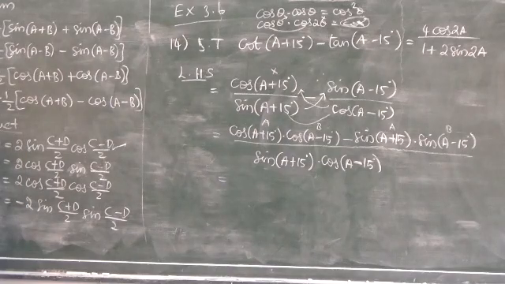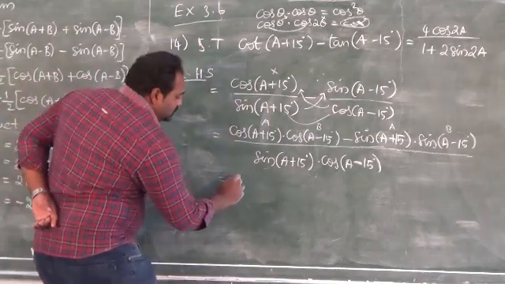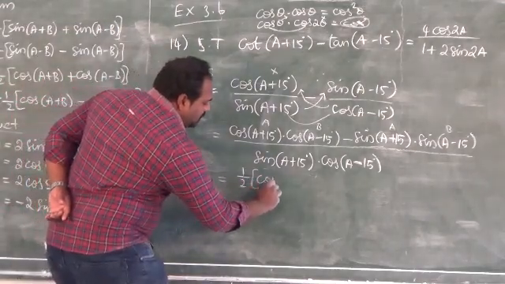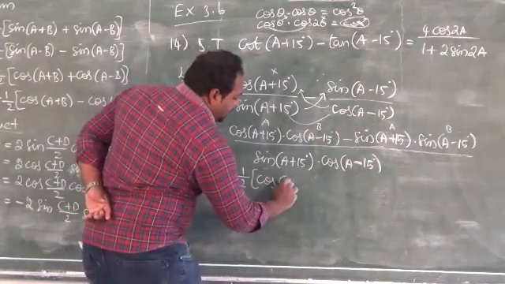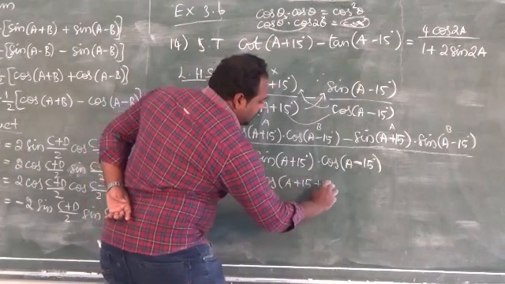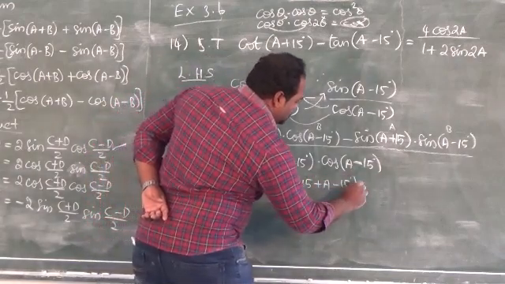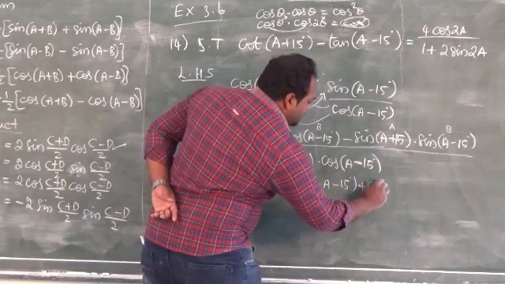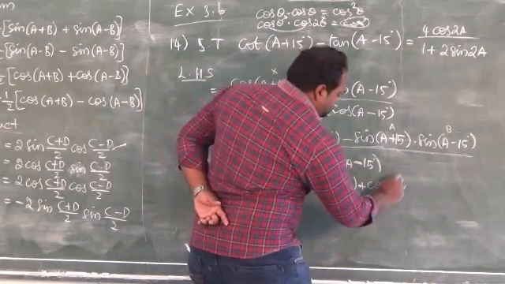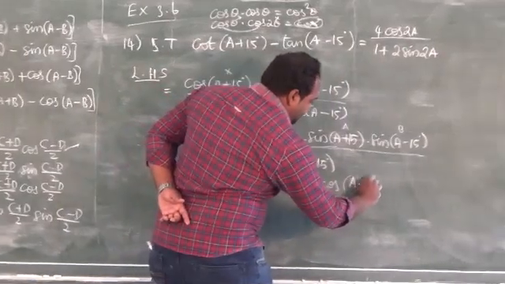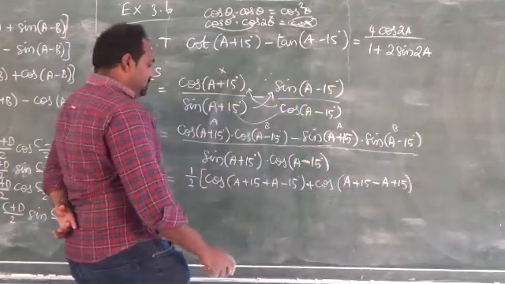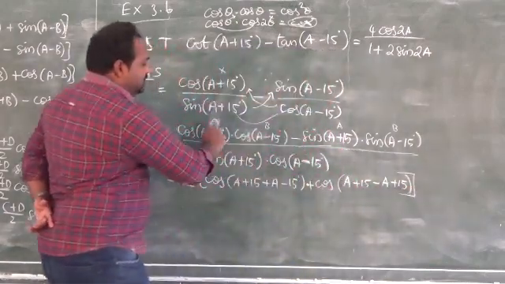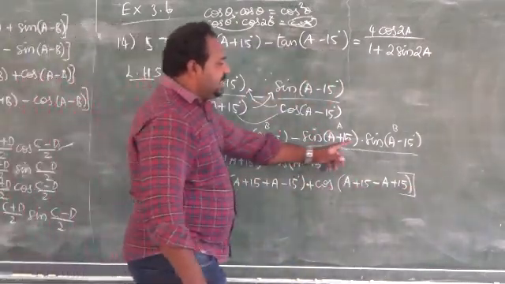Cos A cos B, first one is 1 by 2 cos of A plus B plus cos of A minus B. So 1 by 2 cos of A plus B, where A plus B is A plus 15 plus A minus 15, plus cos of A minus B, A plus 15 minus A plus 15. This is the first term expansion.